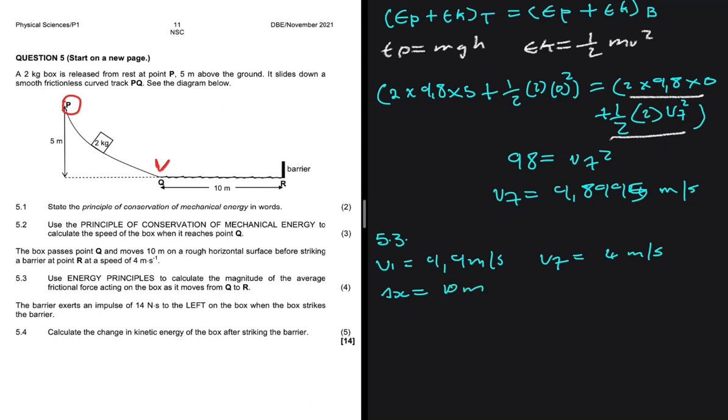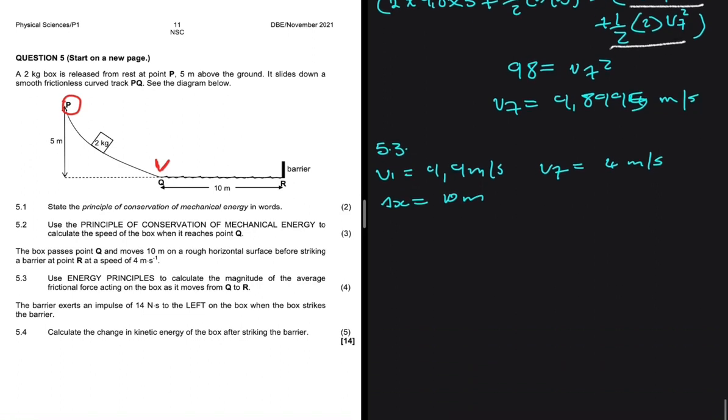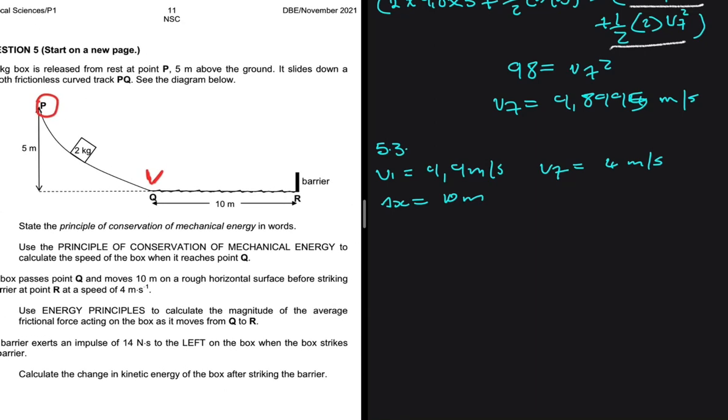And then the last thing, actually the key to the question, is realizing that when the object is moving from Q to R, there's only one force that is doing work on the object, right? So let me show you. The object is here at Q and it's moving towards R. Obviously, we're gonna have some normal force there, and we're gonna have some weight. And then there's no applied force whatsoever.